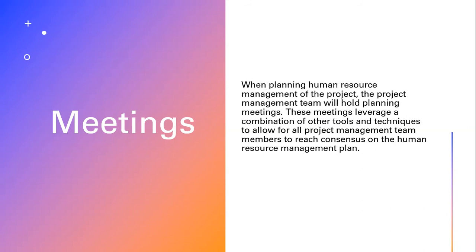So let's talk about the tools and techniques of estimate activity resources. Prior to starting on the tools and techniques, I would like to give a very short introduction to reach this level. The first official document of project management is the project charter, and that charter is assigned to a project manager.